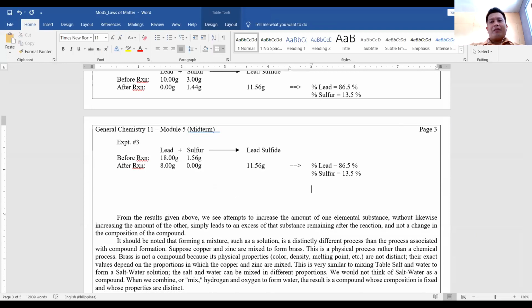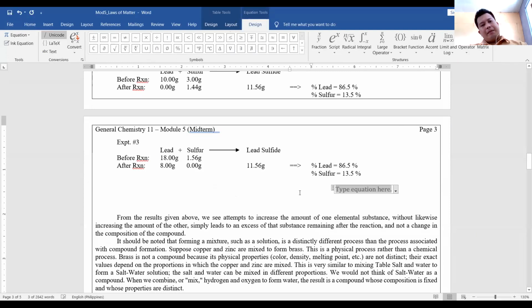Let's try to find the percentage composition of the elements found in muriatic acid. What's the molecular formula of muriatic acid? Muriatic acid is hydrochloric acid, no?